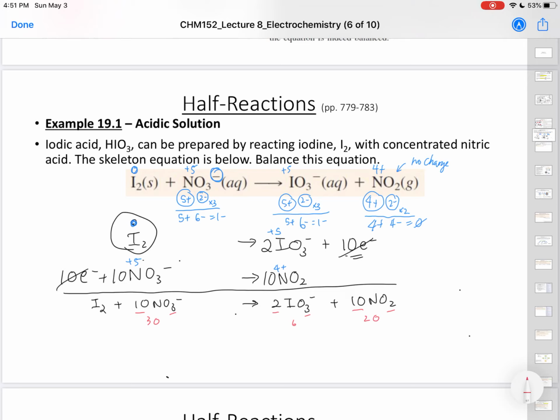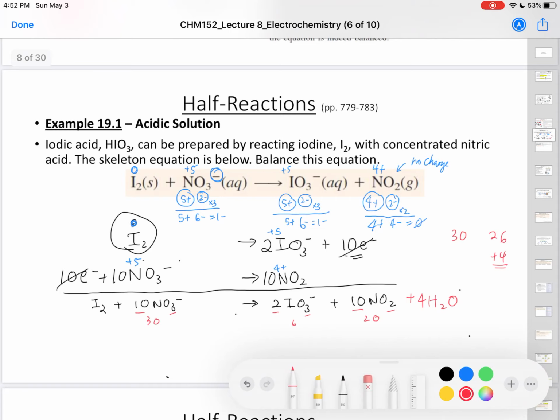So this comes out to 30 oxygens on the left and 26 oxygens on the right. So I need 4 oxygens, so we need to add 4 waters. Because we need 4 more oxygens.